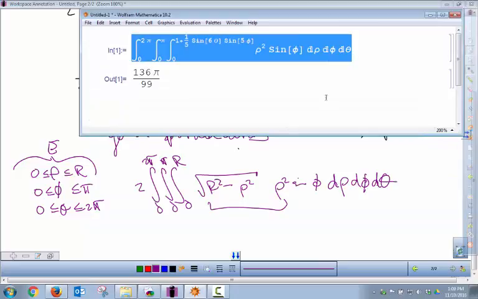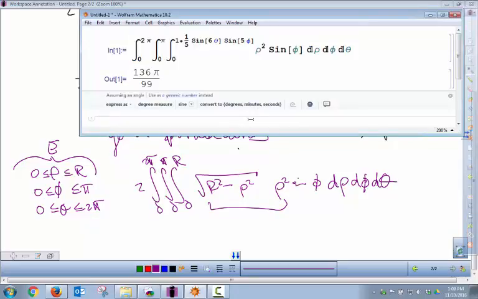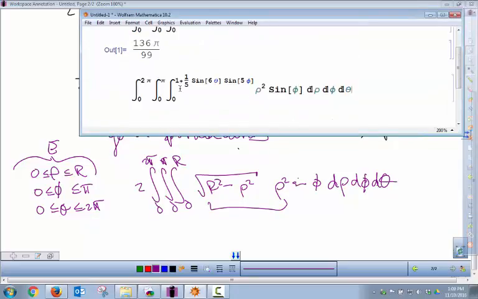So I'll just copy and paste this business since we just did it. And I'll just change things. So we have constants, is r. I think that's okay.